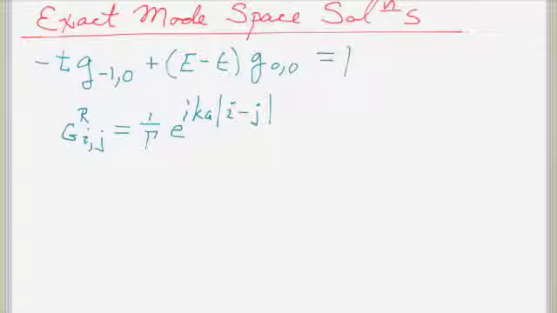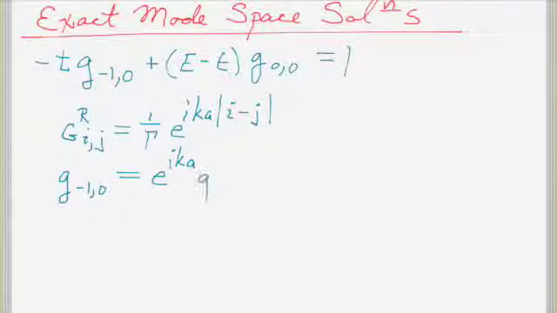The way I truncate this is using the fact that G minus 1, 0 is equal to e to the I Ka times G 0, 0. And if you look at that equation right above it, that's clearly true.